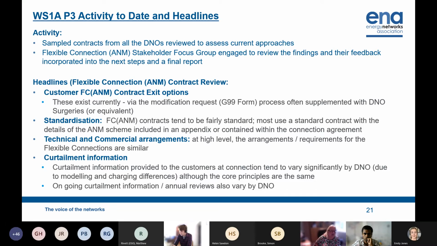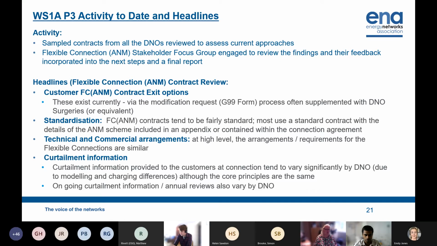And finally, curtailment information. This is where we did find quite a lot of variance across each DNO, largely due to modelling and charging differences, and also, as I said, depending on the technology that has been applied to deliver the A&M. So although the core principles are the same, there is quite a lot of variance in curtailment information, and also in ongoing curtailment information.